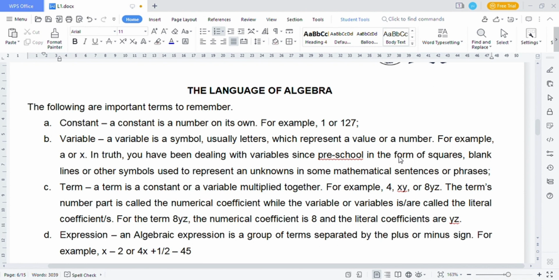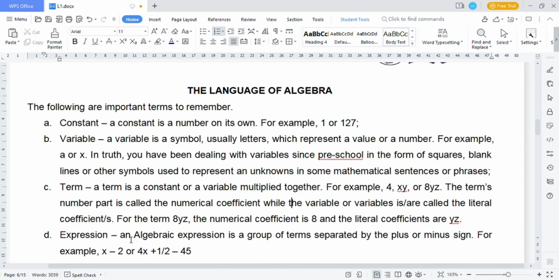What is the number in 4x? It's 4. And when we have literal coefficient, what is the literal coefficient in 4x? We have x. Again, the numerical coefficient is the numbers, the literal coefficient is the letters.